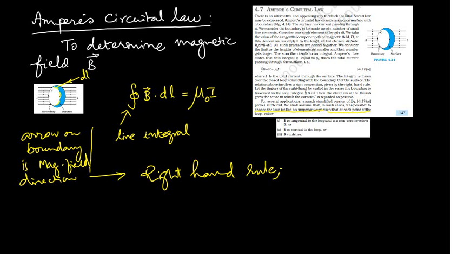So this Ampere's circuital law is another method to find out the magnetic flux density. This involves higher level mathematics, that's why they don't give any derivation, but they just state it. For example, you have a long wire.